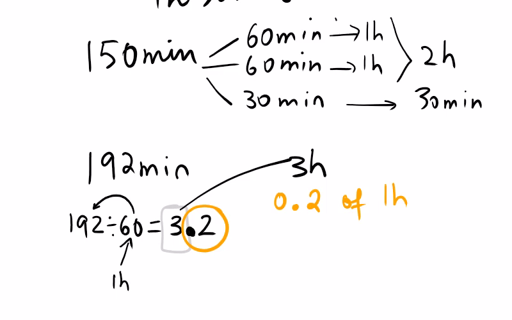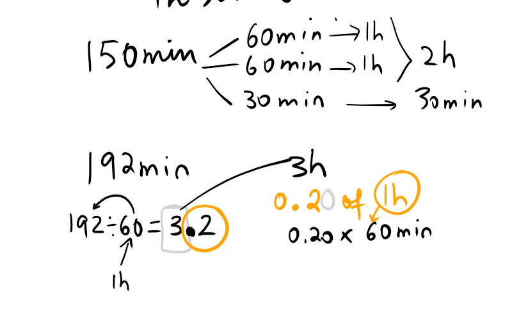Basically all we need to do here is, or you could even watch it as a percentage. This is the same as 20% of an hour. So all we need to do is multiply, isn't it? 0.2 times 60 minutes, changing that hour into 60.